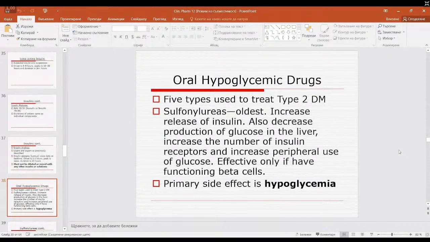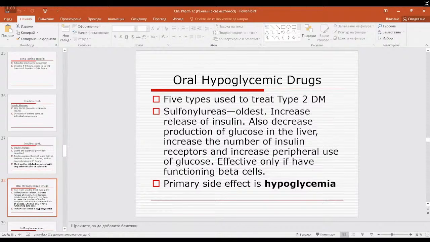Oral hypoglycemic drugs: we have very different classes to treat type 2 diabetes mellitus. Sulfonylureas are the oldest oral hypoglycemic drugs, and they're called insulin secretagogues because they lead to an increased secretion of insulin, unlike metformin, which is called an insulin sensitizer, because it does not increase the secretion of insulin, but it increases the receptor's sensitivity to insulin.